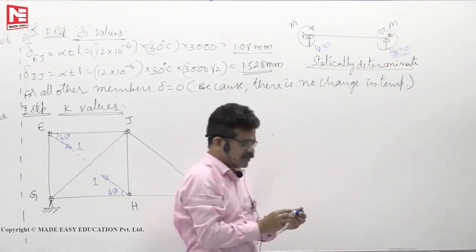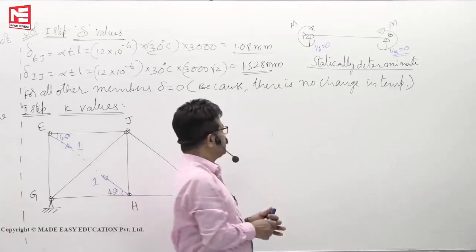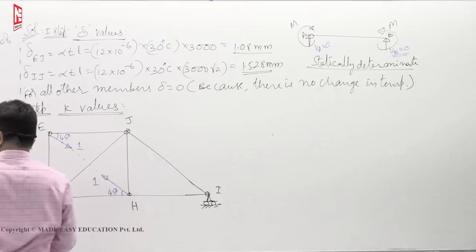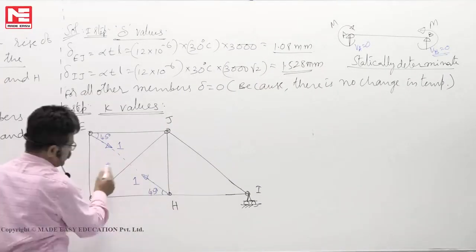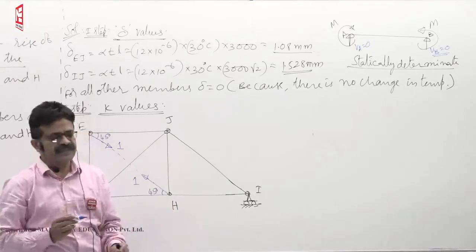This case is valid not only in the beams, but for trusses, frames, anything. Coming to this one. This is a truss subjected to a system of forces, is statically determinate, one end hinge, one end roller.